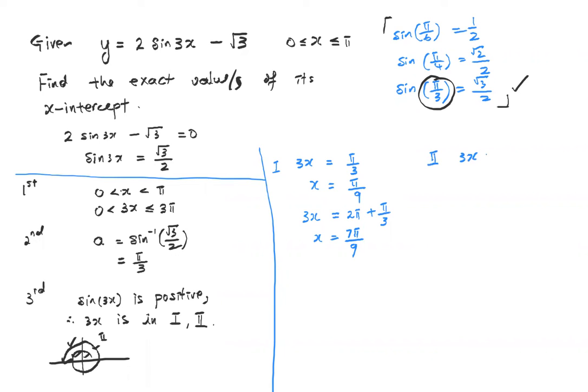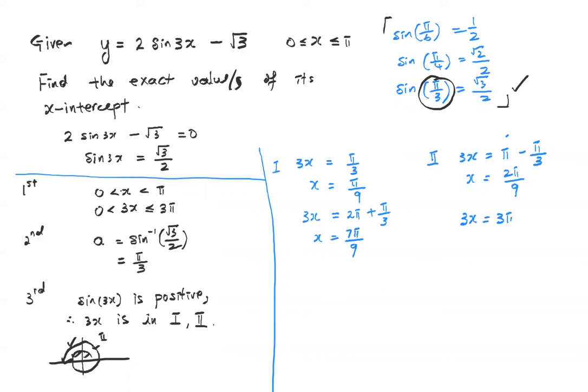3x is equal to pi minus the acute angle. You look at what I say, what I write. Okay, so therefore your x is 2 pi divided by 9. Can? Second round, it has to be 3 pi.